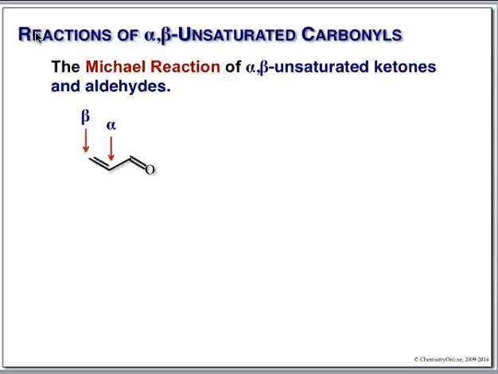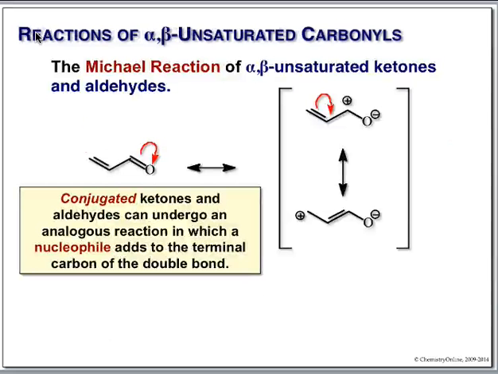Let's just diverge here for a second. Remember I said that making an alpha-beta unsaturated compound was good because we can do things to it. We covered this back in chapter 19, I believe. We did simple Michael additions. Remember the Michael reaction, you add a nucleophile to the beta carbon. Reason this works.